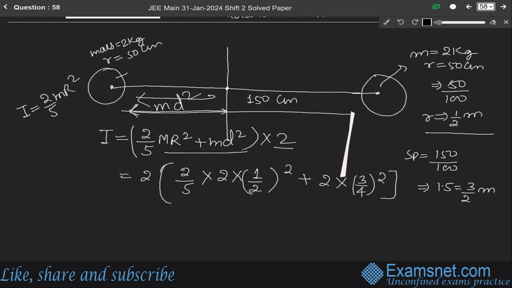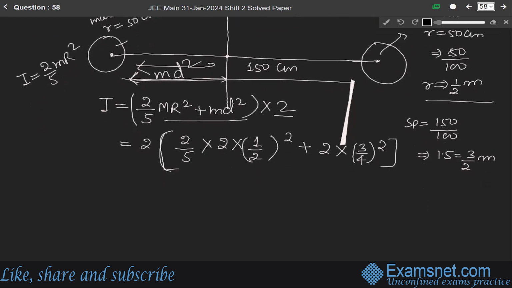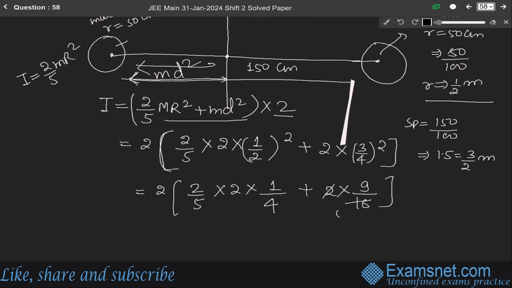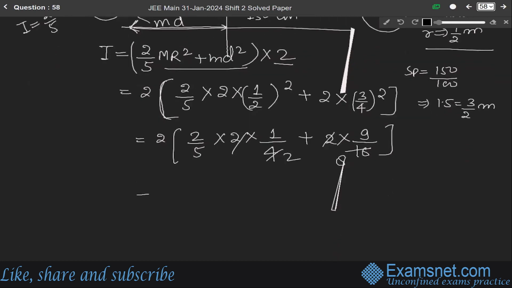Okay. So solving it, we get 2 into 2 over 5 into 2 into 1 over 4 plus 2 into 9 over 16. So 2 8s are 16, 2 2s are 4, and this 2 cancels.